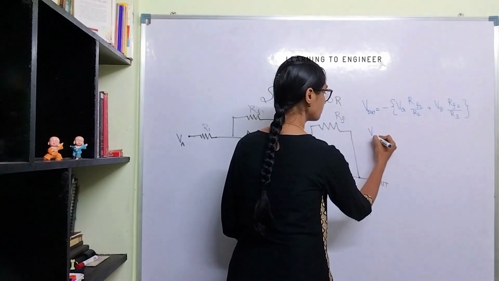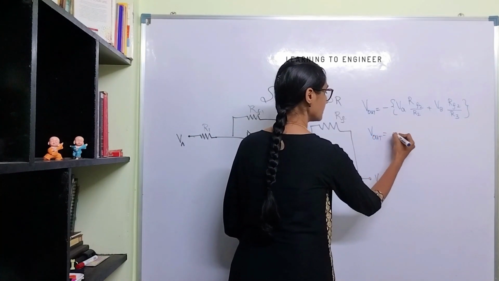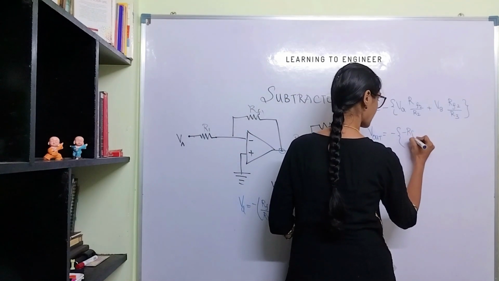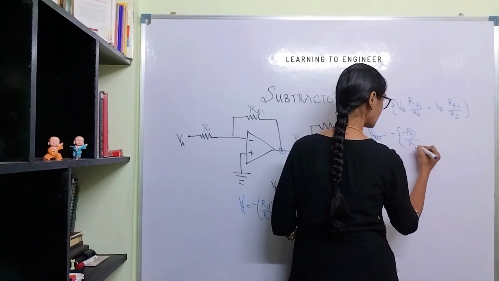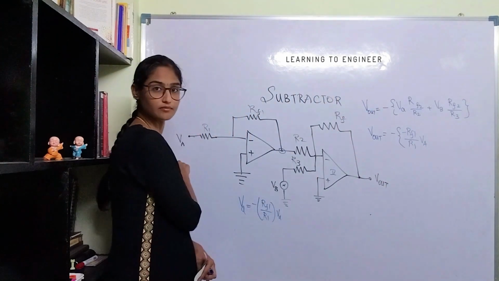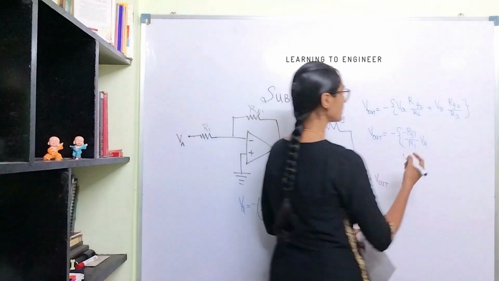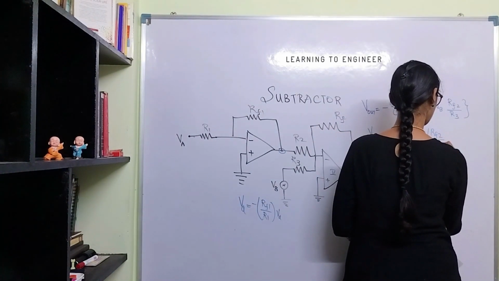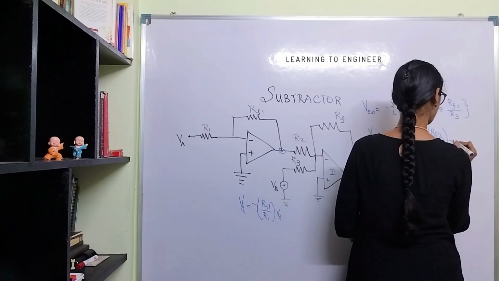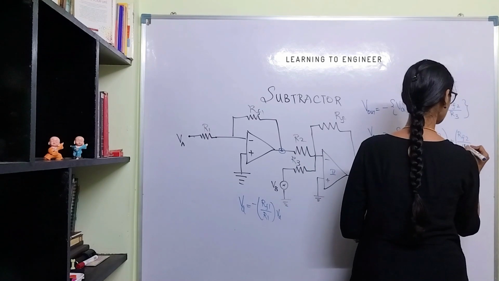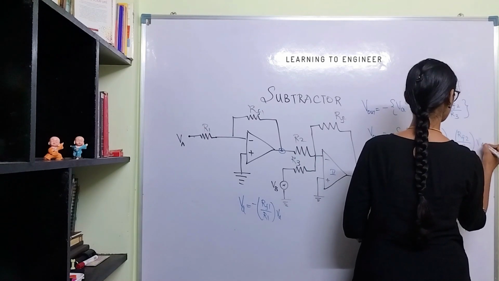So V out is going to be the negative of minus RF1 divided by R1 multiplied by V capital A, which is the applied input at this stage, this into RF2 divided by R2, plus RF2 by R3 into VB.